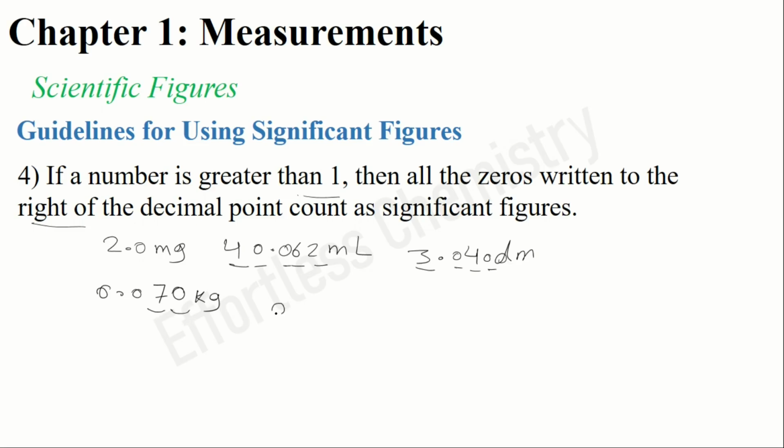Or 0.6002 liter has 4 significant figures: 1, 2, 3, 4, which is based on the rule that I mentioned. When we have a number which is lower than 1, all the zeros that are on the right and between non-zero digits are countable.